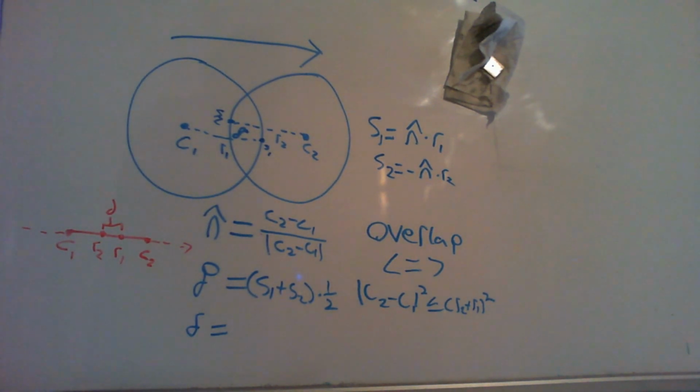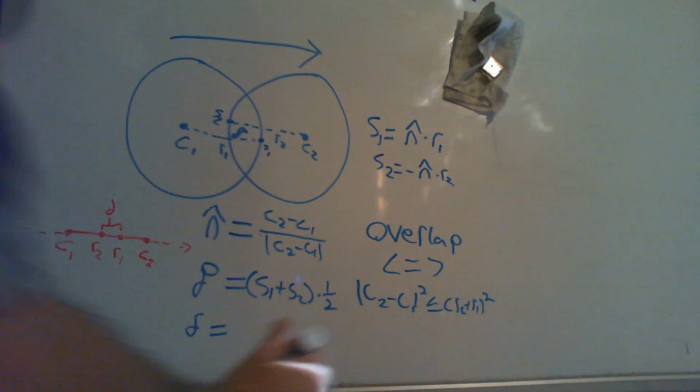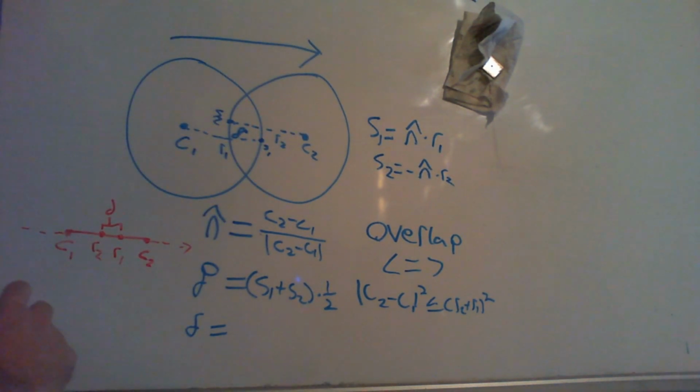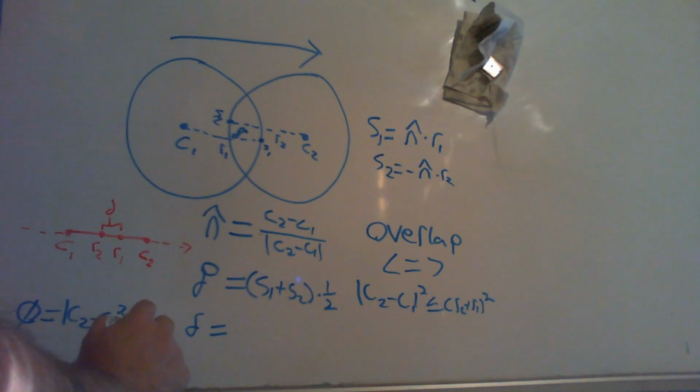Now, eventually what we're going to want to do in the contact resolver is we're actually going to want to say that when we evaluate the expression, the distance between the 2 points squared minus the sum of the radii squared, we're going to want it to be equal to 0.